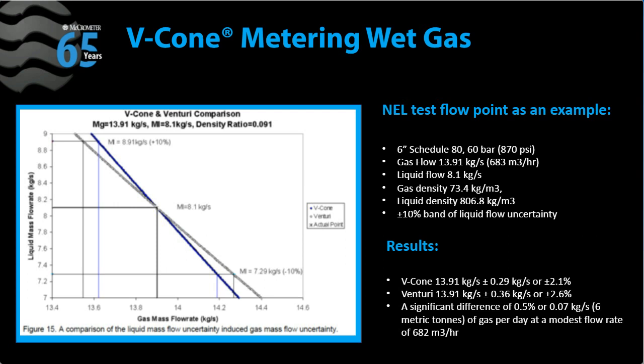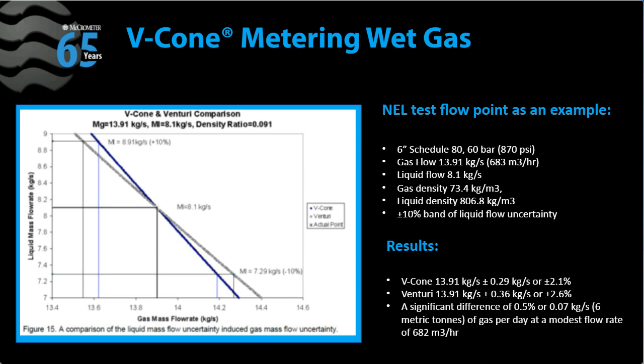Gas density is 73.4 kilograms per cubic meter, and liquid density of 806.8 kilograms per cubic meter. There was a plus or minus 10% band of liquid flow uncertainty. Now, when we calibrated this against a Venturi meter in the same exact application, we found that the V-Cone had a tolerance of plus or minus 0.29 kilograms per second, which is equivalent to about plus or minus 2.1%.